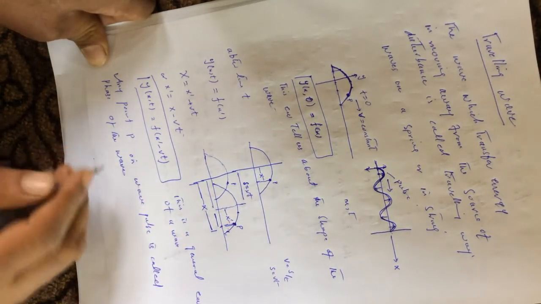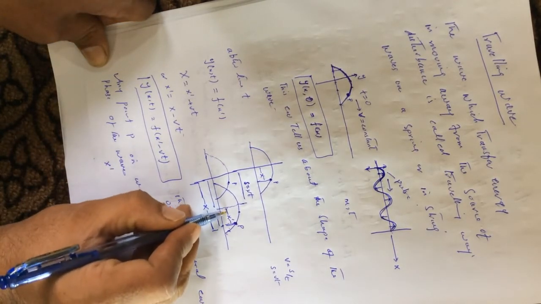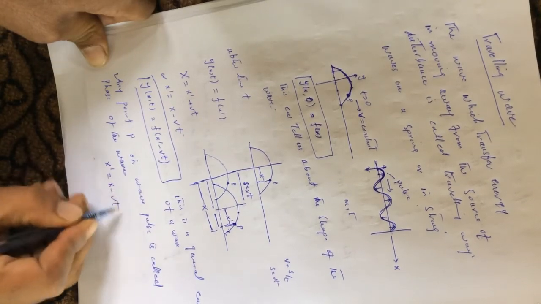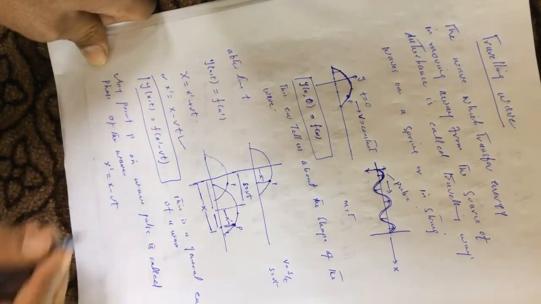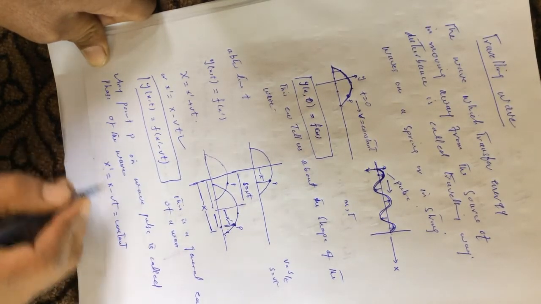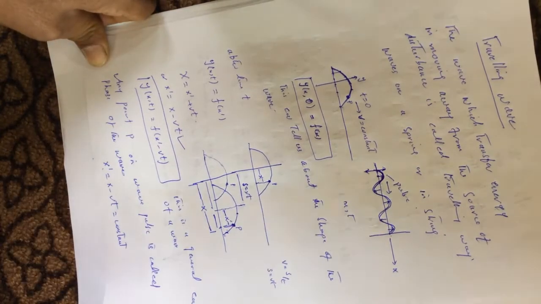So it means that this x prime, which is the pulse point distance and is equal to x minus vt by this equation, is equal to a constant, because the point does not change. This point is here, it was here, it is again here, so it doesn't change.